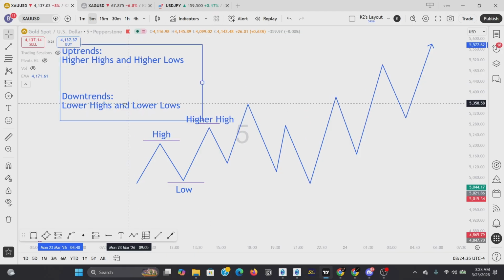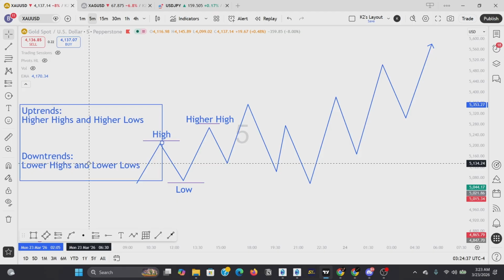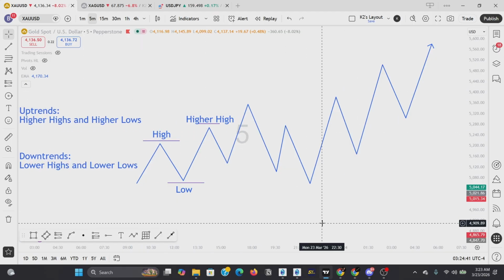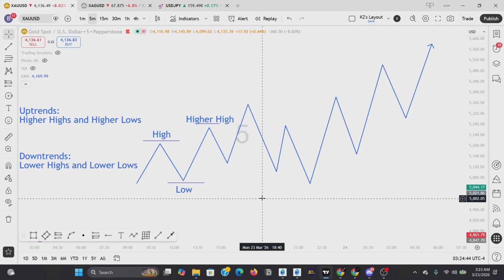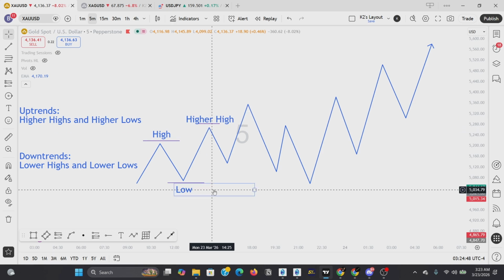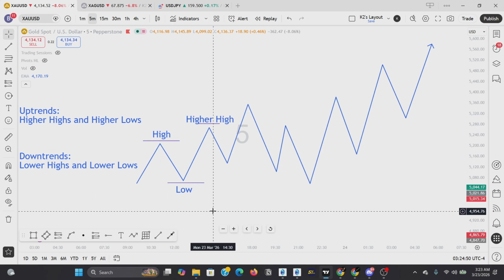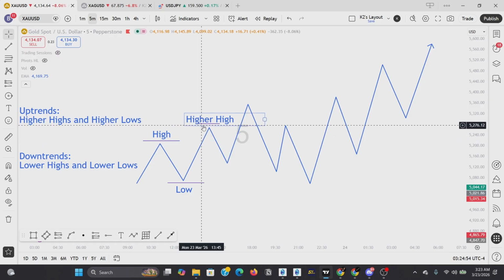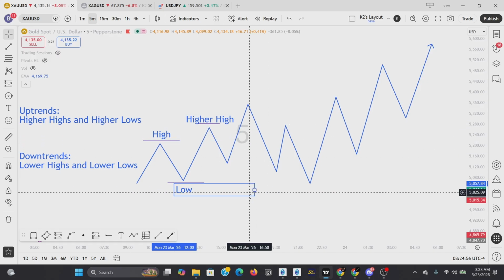Now, this doesn't immediately mean that this is an uptrend. Just because you have one higher high does not make it an uptrend. It's just another higher high. You need a higher low coupled with a higher high to signal an uptrend.